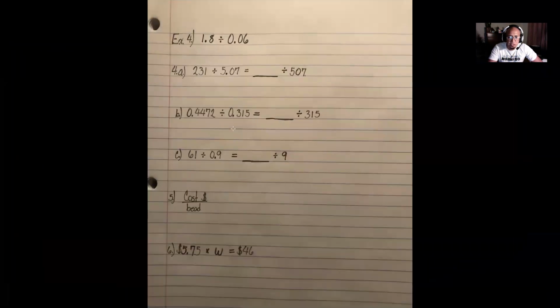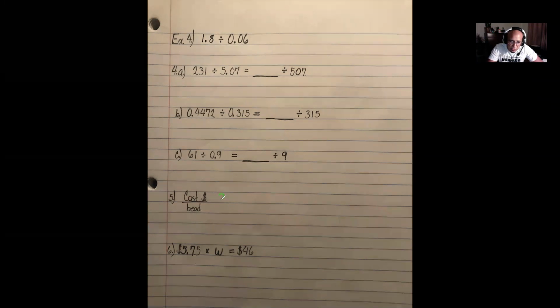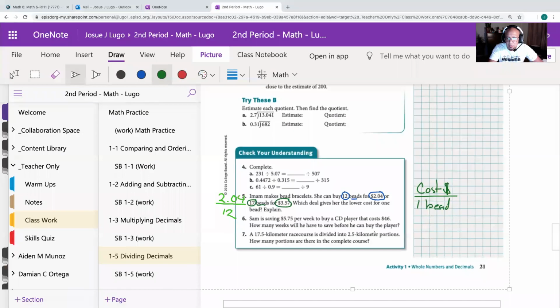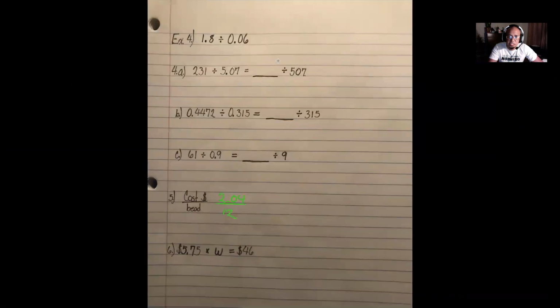Let's do it here. So we have cost per bead. The first one is $2.04 for 12 beads, I believe it was. And it is. And the second one is $3.57 for 17 beads.